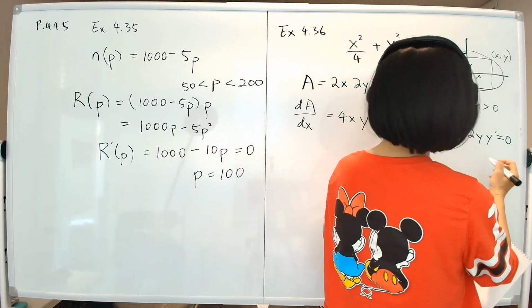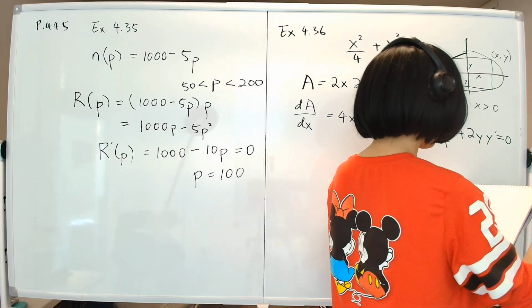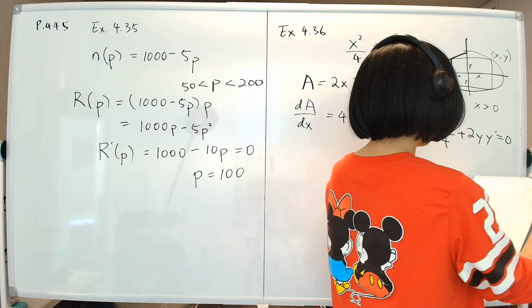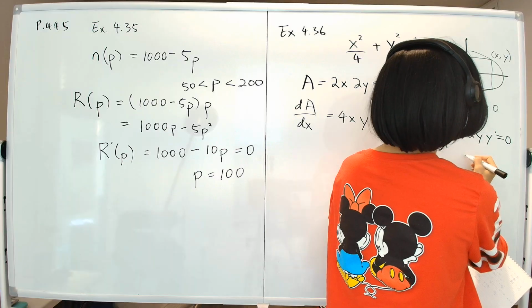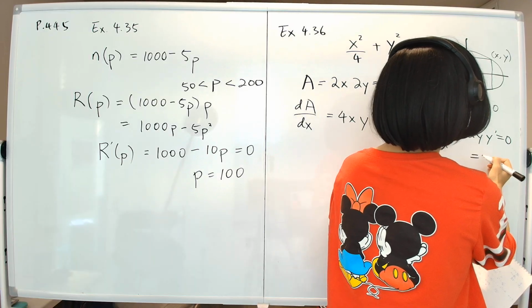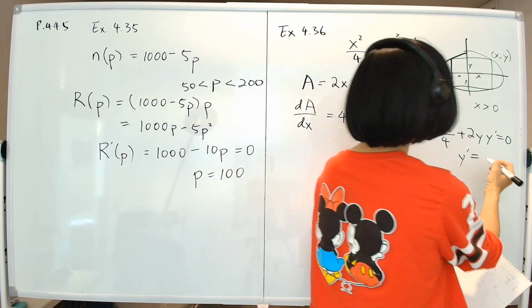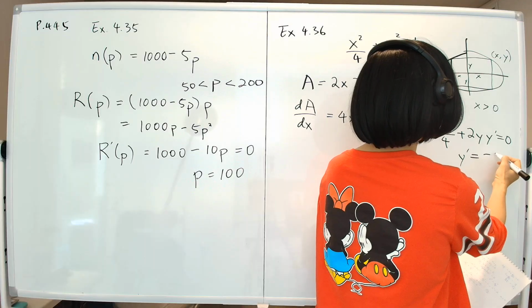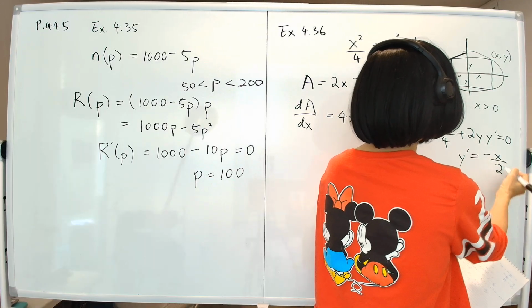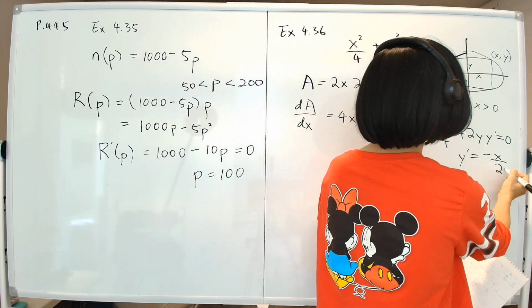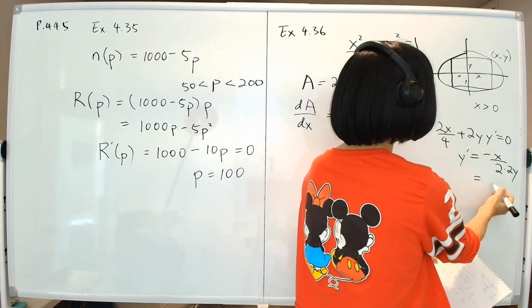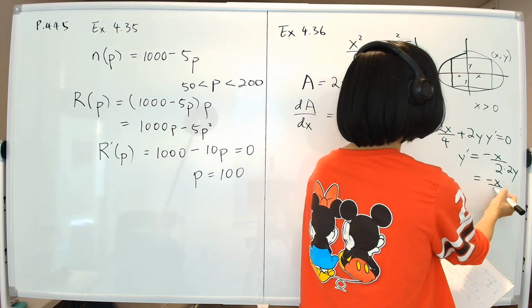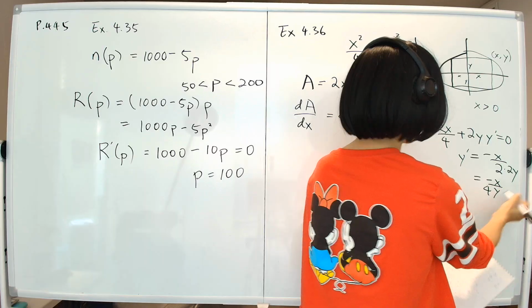Therefore, y prime equals minus x over 2 over 2y, which equals minus x over 4y.